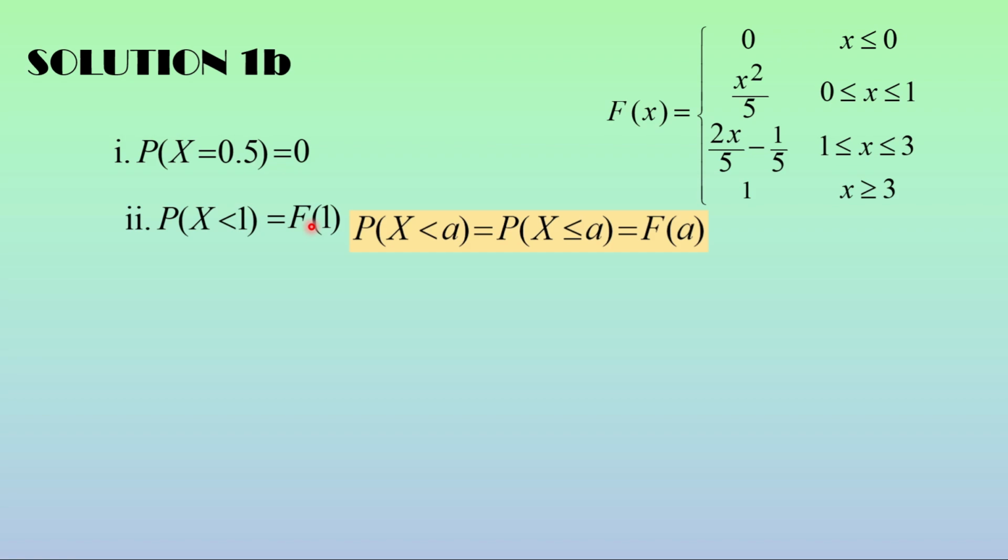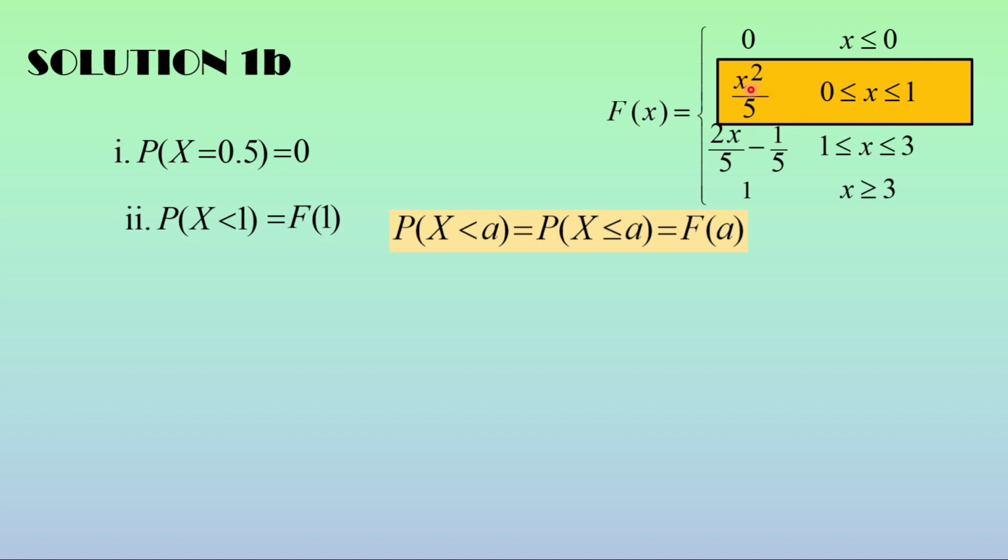So to find the probability using CDF, we need to substitute the value of x into the function. Refer to the CDF. x equals to 1 is in the interval 0 to 1. So by using the function F(x) equals x squared over 5, substitute x equals to 1 into the function. So the answer of probability x less than 1 is equal to 1 over 5.